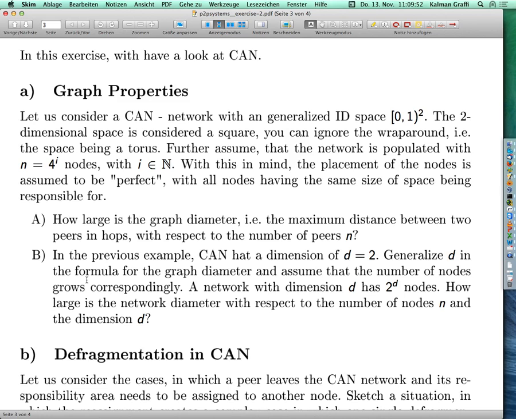I need a better microphone if you can recommend one. So the key is that you have n nodes in the network. So let's say these are n nodes in the 2-dimensional space. To make it more clear, d equals 2, and in order to get n nodes, we have here square root of n and square root of n, and if we multiply it, then we get n nodes. And the same for multiple dimensions.